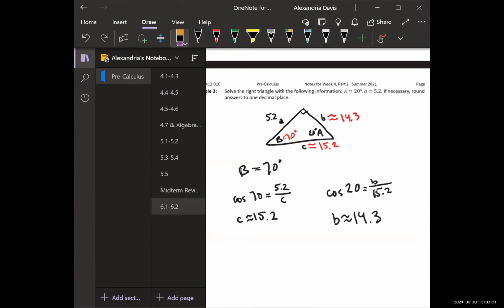Yes. And you get 15.2 times cosine of 20, 14.3. Awesome.